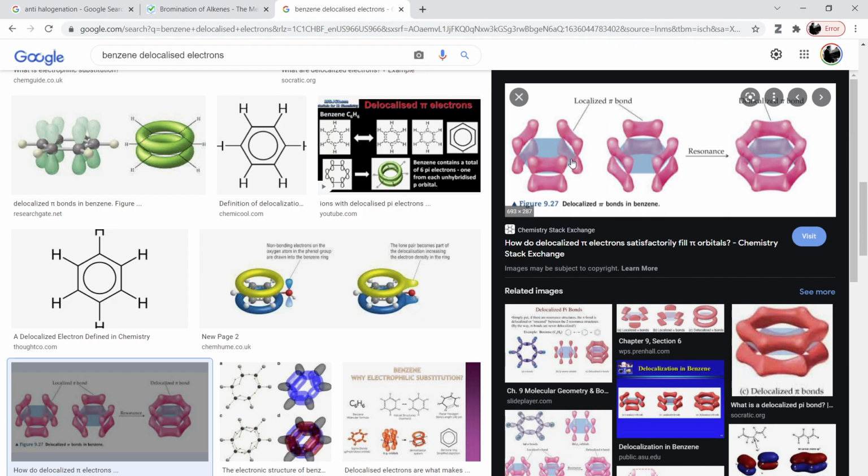And as a result, the real picture looks something more like this, where we have them delocalized, spread out through the entire system. So we have 6 electrons here. Each pi bond is 2 electrons, so 3 pi bonds, 6 electrons, are completely shared throughout the molecule. And so this is a 6 pi electron system that's completely delocalized.